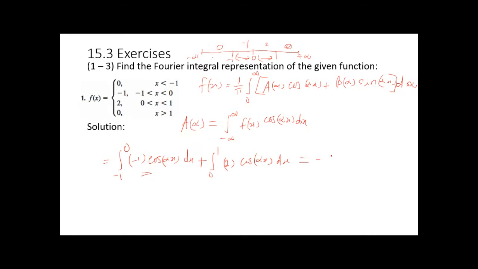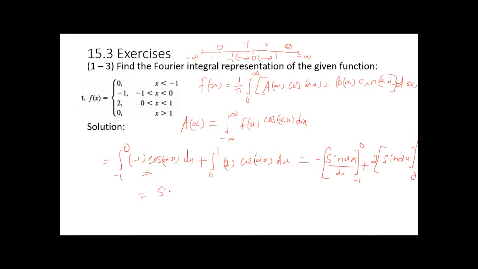So when you integrate this first term, what do you get? Negative is outside. When you integrate cosine alpha x, it will be sine alpha x over alpha, from negative 1 to 0. The second term is 2 times again sine alpha x over alpha from 0 to 1. Substitute the limits. Sine 0 will be 0. Sine of negative alpha is negative sine alpha.